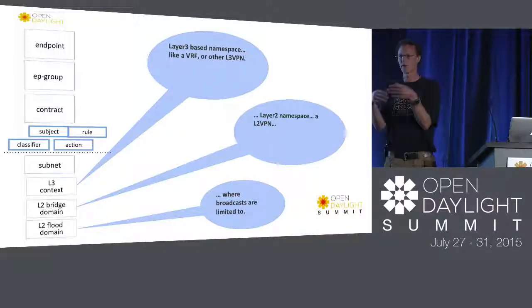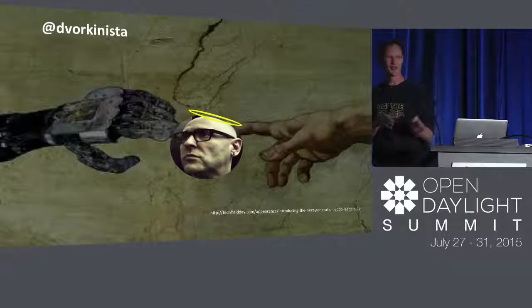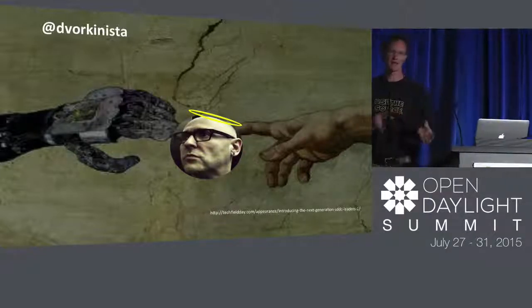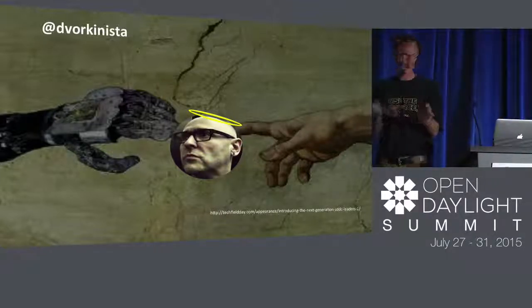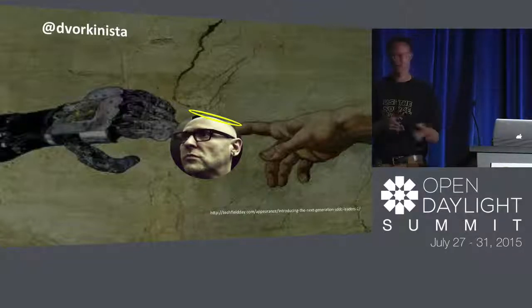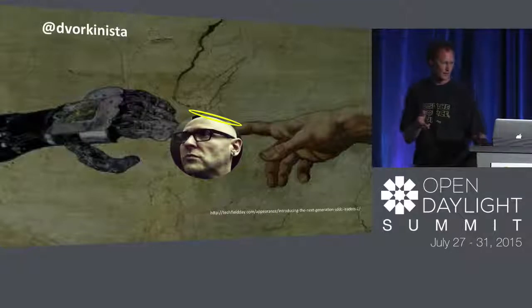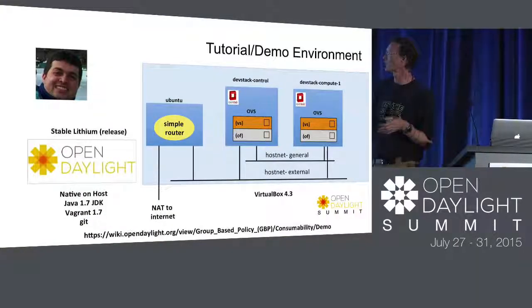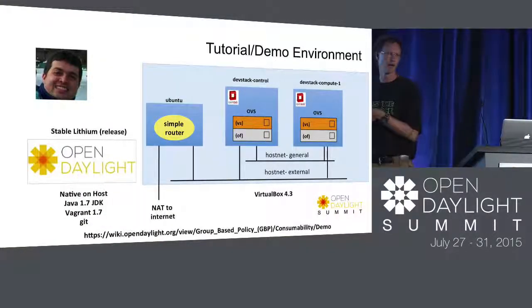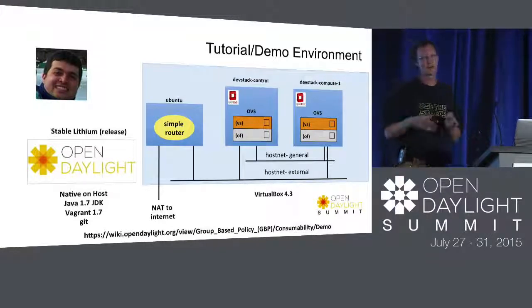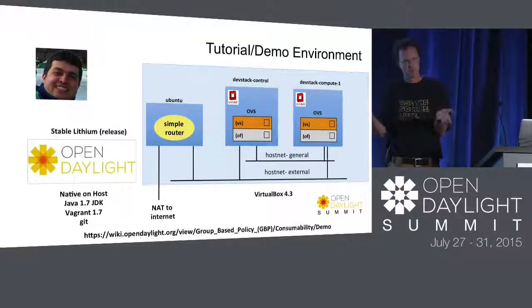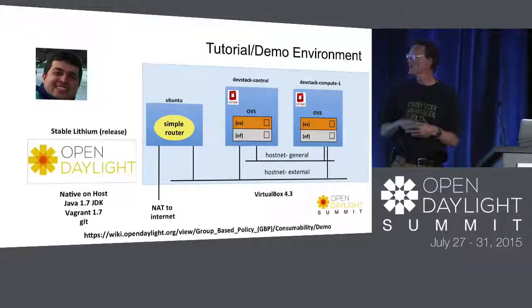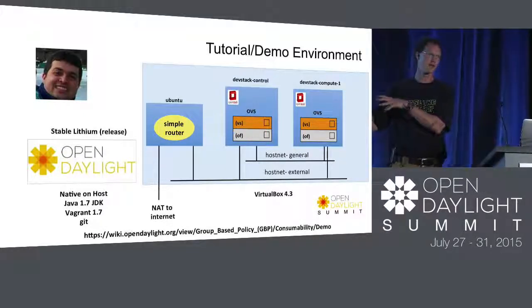So sometimes you want to have layer 2. I kind of screwed up. I tried to upload an OVA yesterday that's about 10 gigs. The idea being that you could all get it on a USB stick, and maybe we'll get there. But the idea is you import the OVA and it creates 3 VMs. Now, the 3 VMs that it creates are a DevStack control node, which also doubles as a compute node, a DevStack compute node, so we can do distributed instances, and then we have an Ubuntu instance as a very simple router.